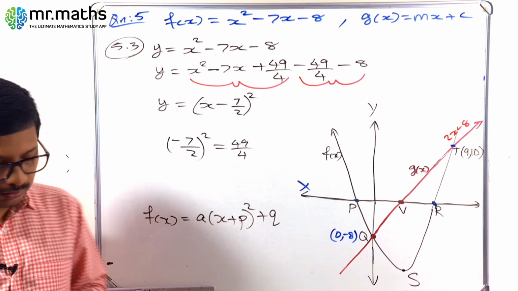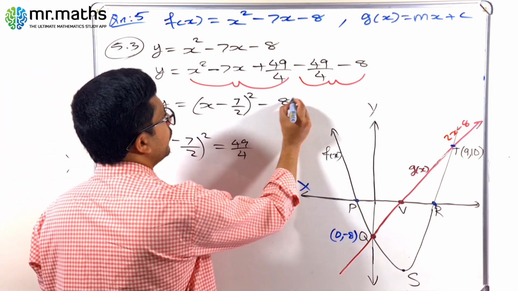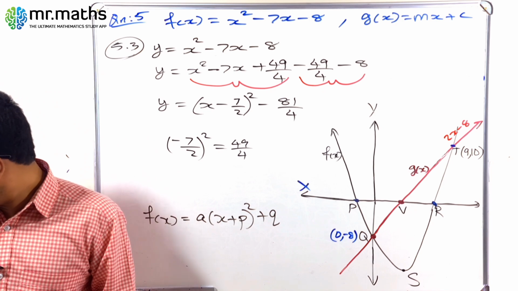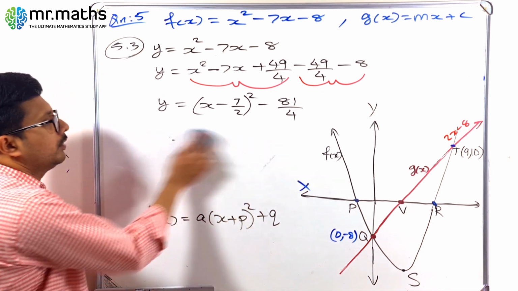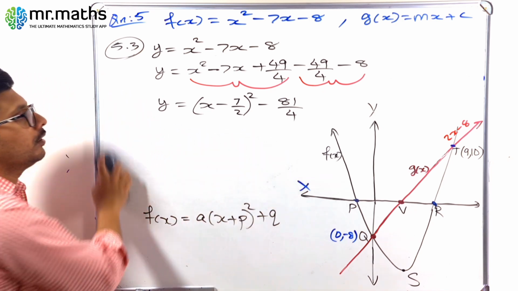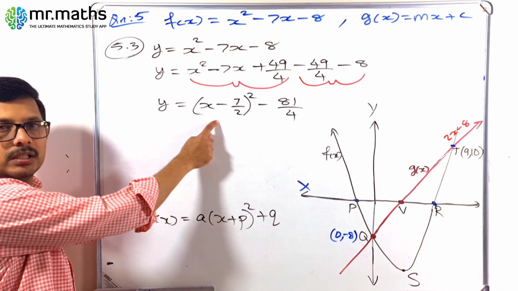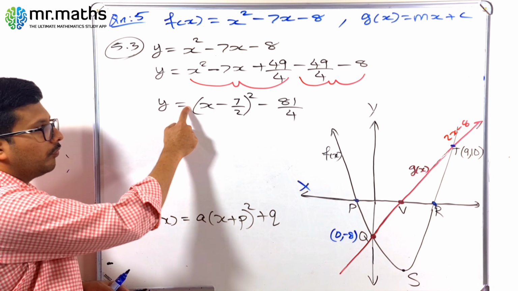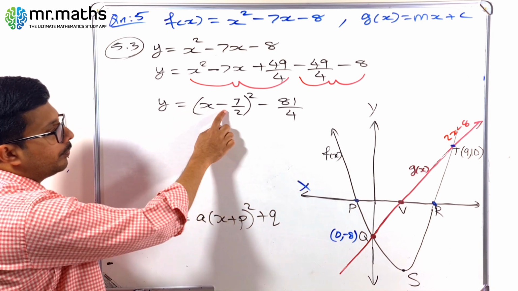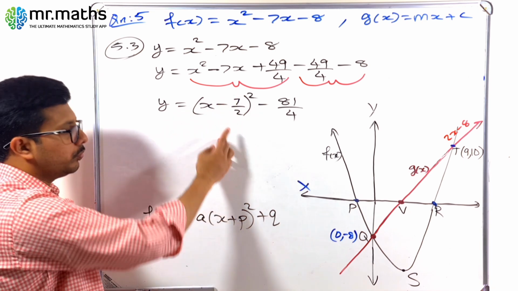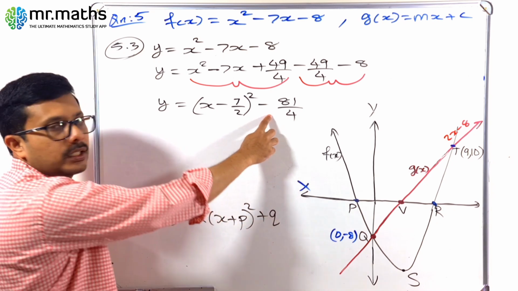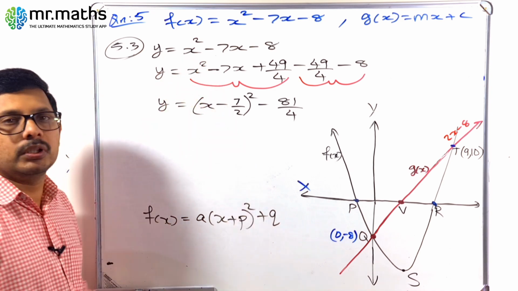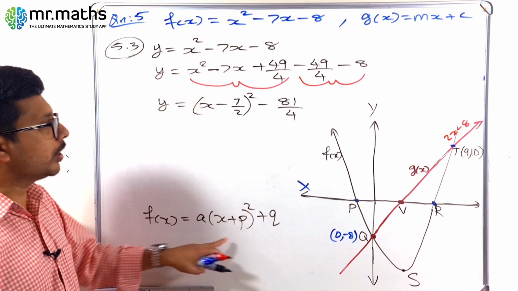Now, is it not like this: a is here, it is 1, am I right? 1 into x plus p, p is minus 7 over 2, plus q, q is minus 81 over 4. So now we converted that into this form, a into x plus p.